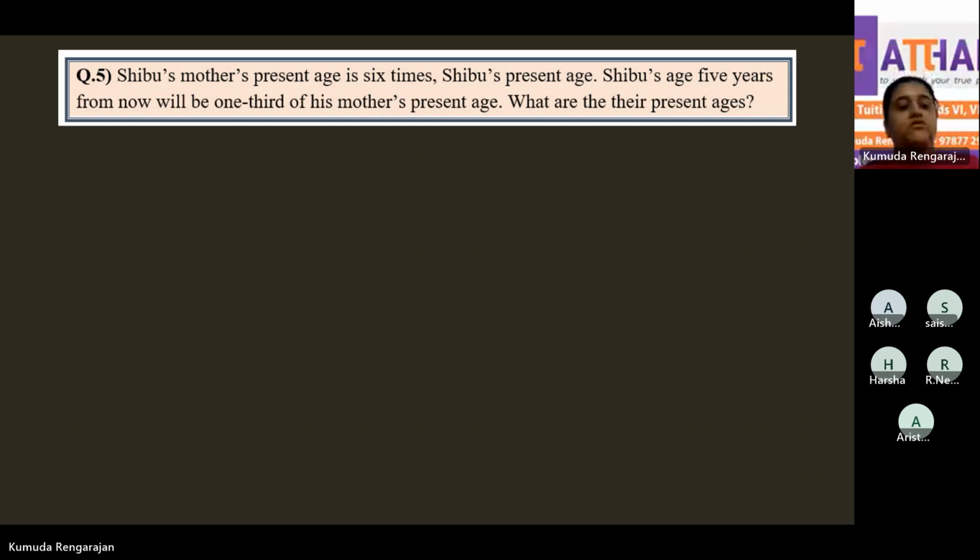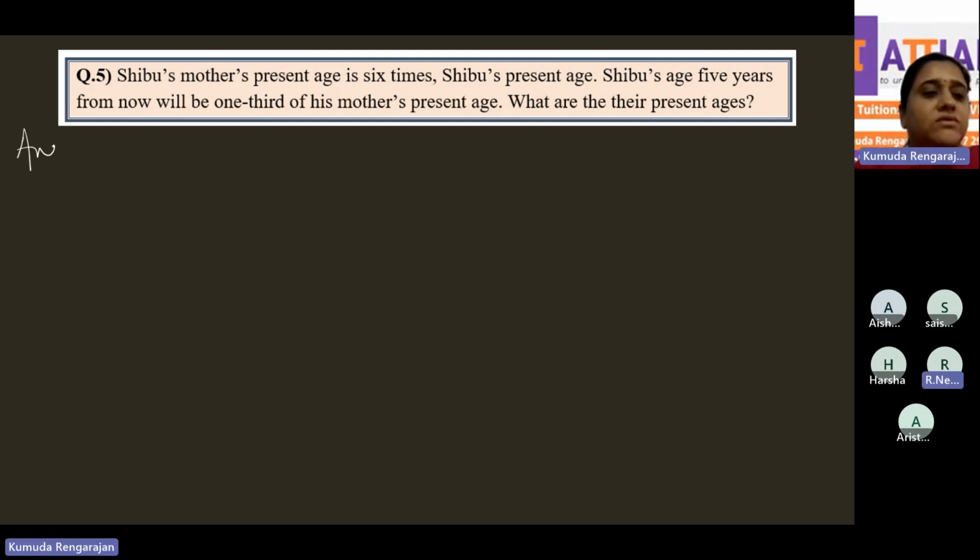Okay. So Shibu's mother's present age is 6 times Shibu's present age. Tell me, how do we assume this? Let X be Shibu's present age. Correct. And then let 6x be Shibu's mother's present age.